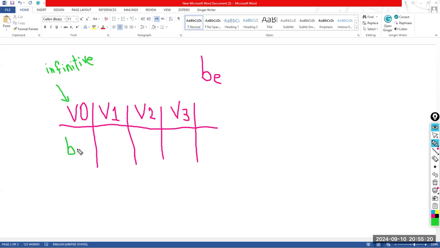I don't have to change it at all. Now keep in mind that verb 1 is the simple present. Now what is the simple present of be? It is is and are. This is the simple present.